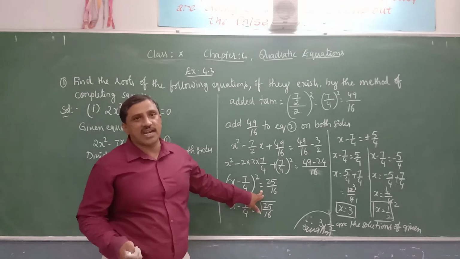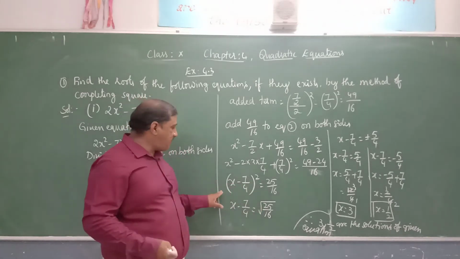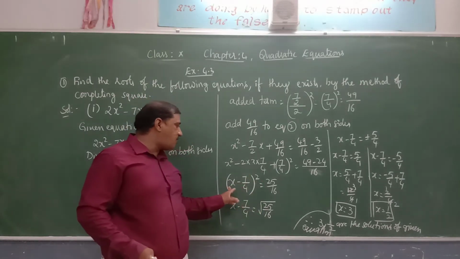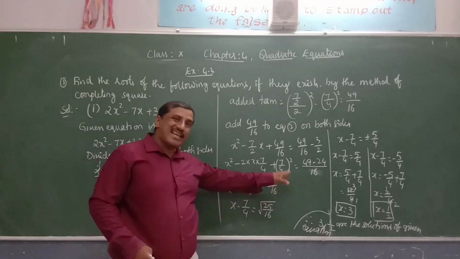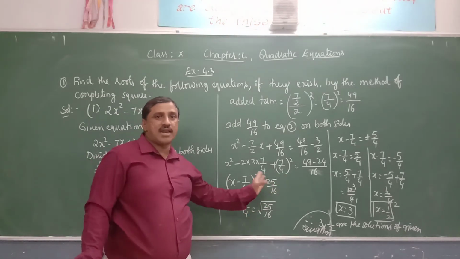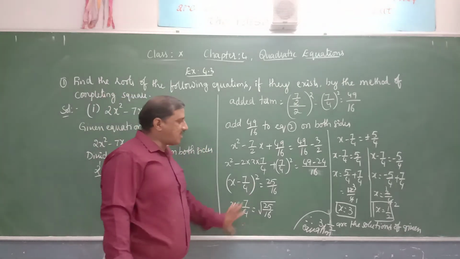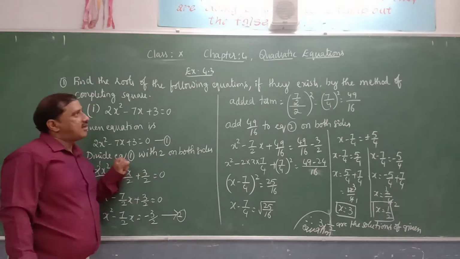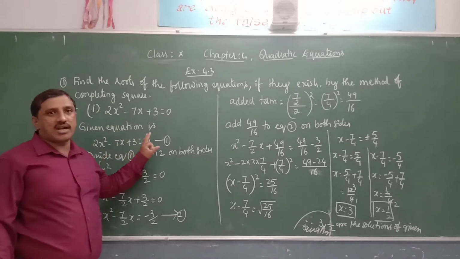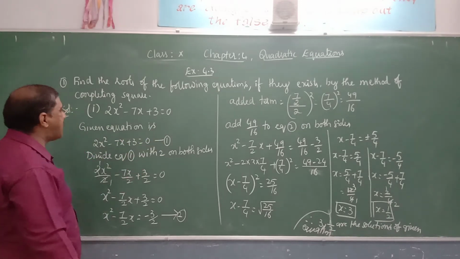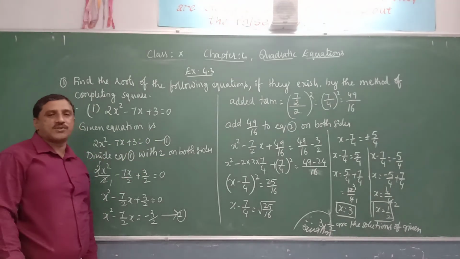We can say that real roots do not exist if the RHS value of this equation is less than 0. Is it clear, children, how to find roots or solutions of a quadratic equation by the method of completing the square? Yes, I hope so.